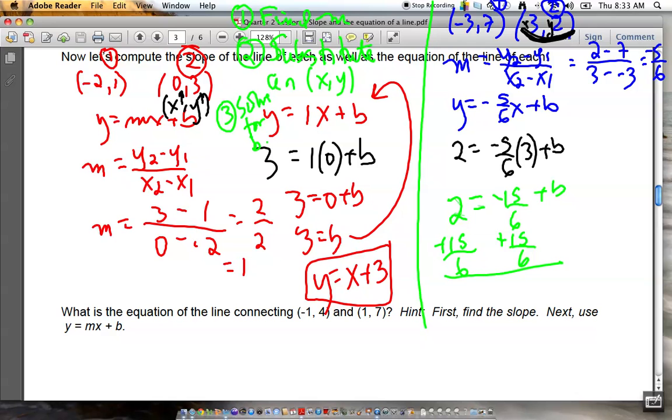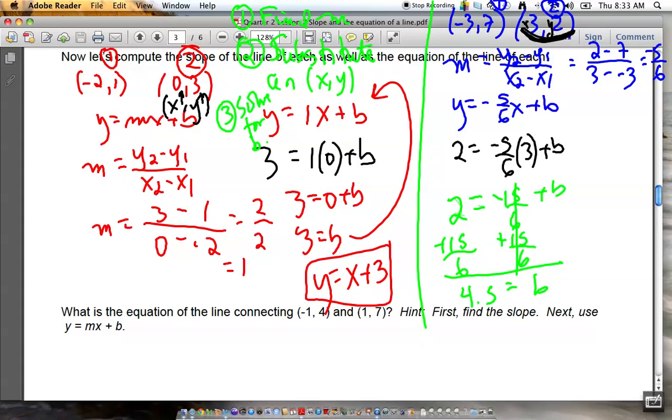I know it seems awkward, but with the calculator, life is very simple. Do 2 plus 15 over 6, and you should come out with 4.5. Right? 4.5, everybody? Okay, and I'm going to even allow it to be the decimal, 4.5.